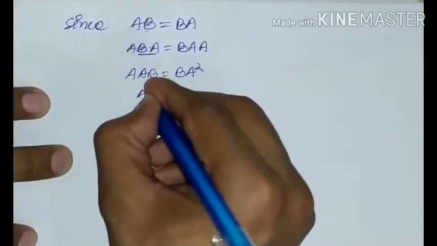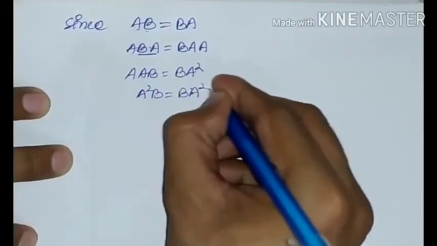Here is A square B, which equals BA square.